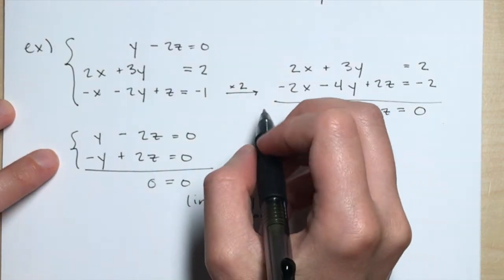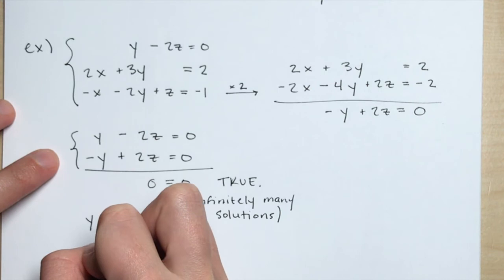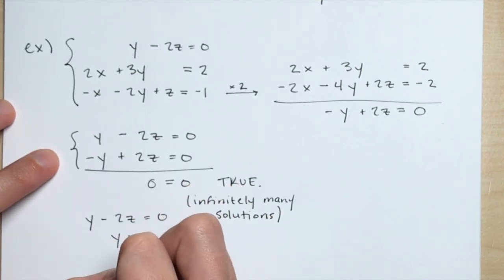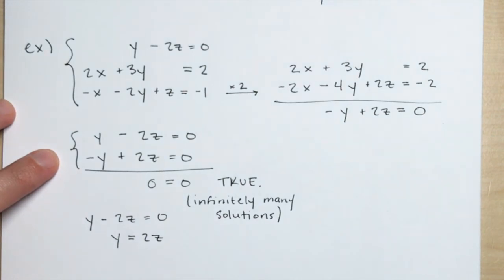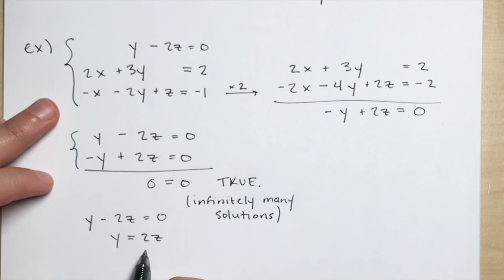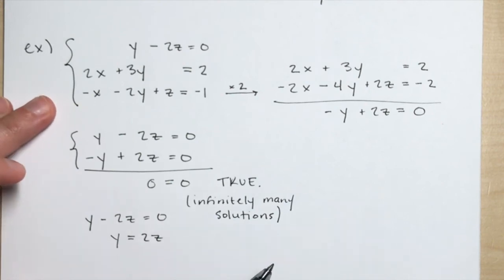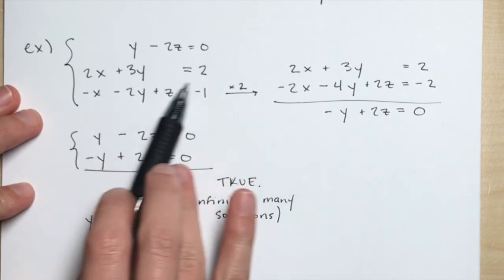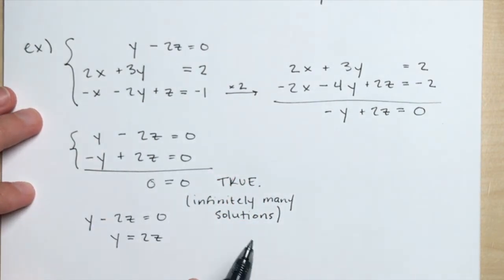So y, that just means y equals 2z, simple as that. Now we just plug this into our one and only 3 variable equation. I guess we could also use this 2 variable equation. Either way, doesn't matter.